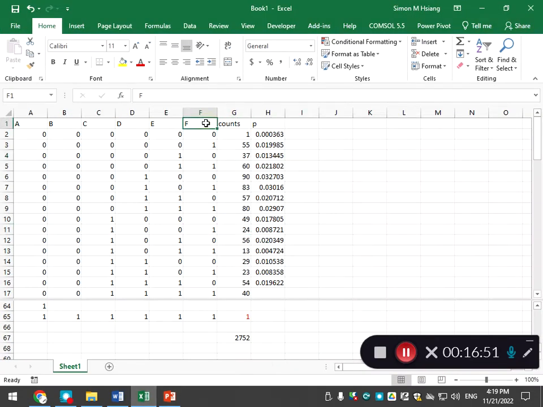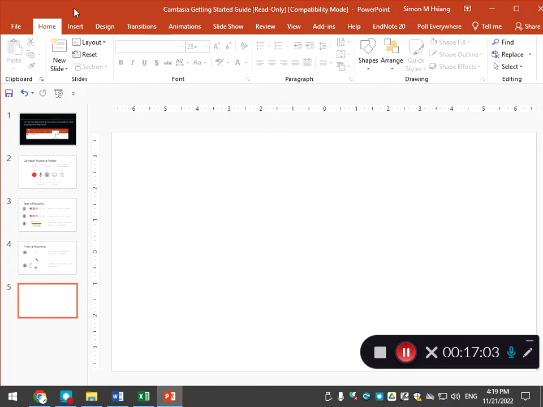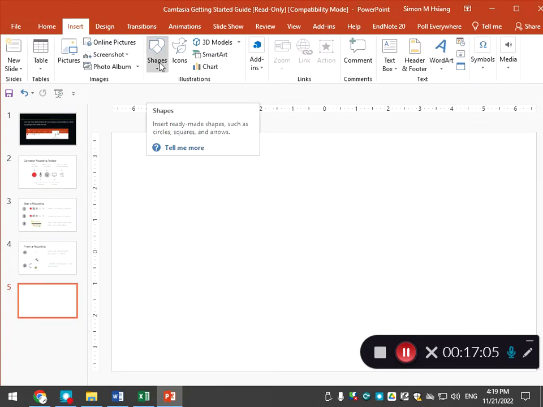Let's say that at the end, you care about F. F is lung cancer. So how many people will get lung cancer? You put F at the end.